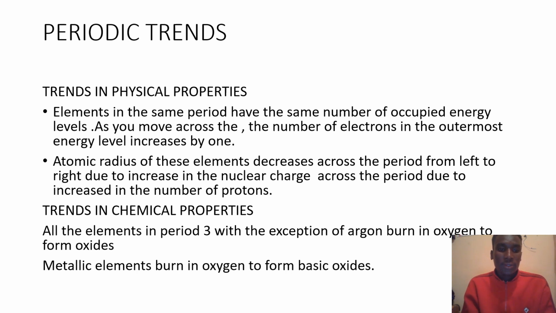There are also trends in chemical properties. All of the elements in period 3, with the exception of argon, burn in air to form oxides. Metallic elements burn in air to form basic oxides.